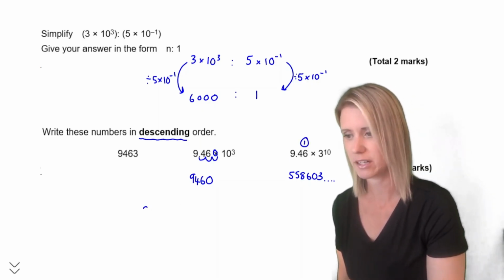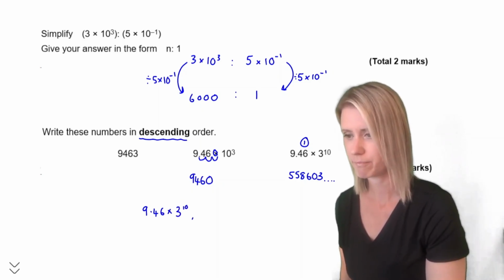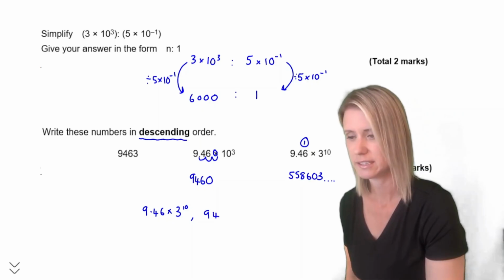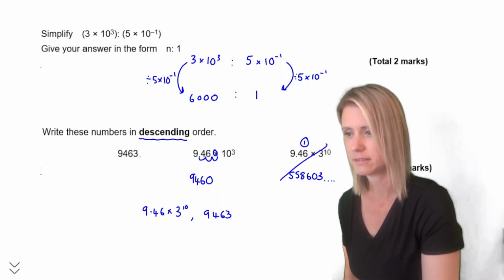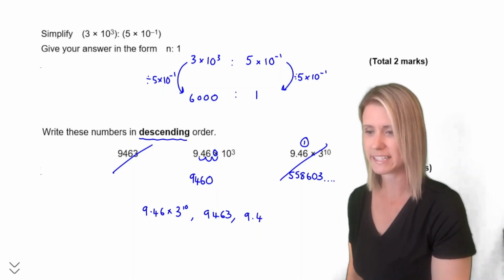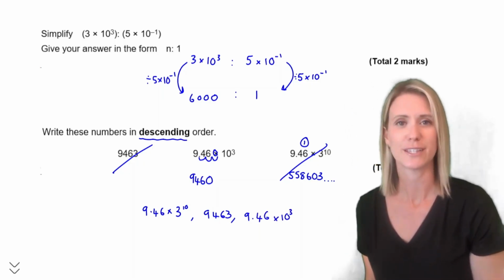So you would write 9.46 multiplied by 3 to the power 10. The next smallest was 9,463. And then it's 9,460, making sure you write out the original 9.46 multiplied by 10 cubed.